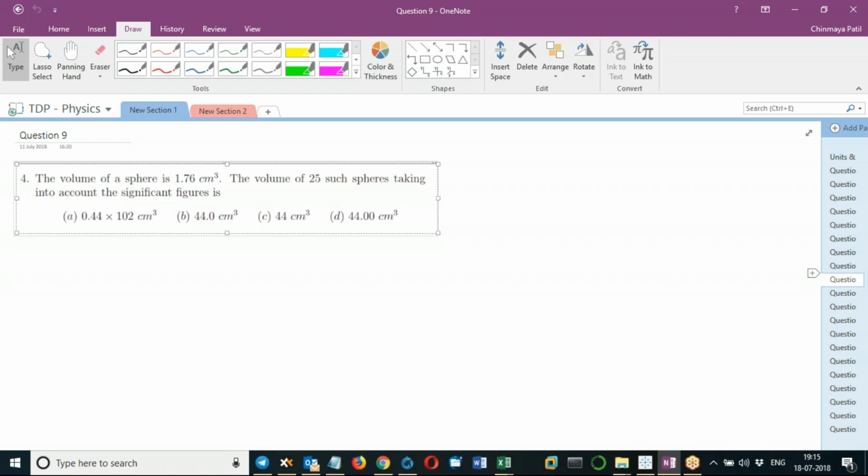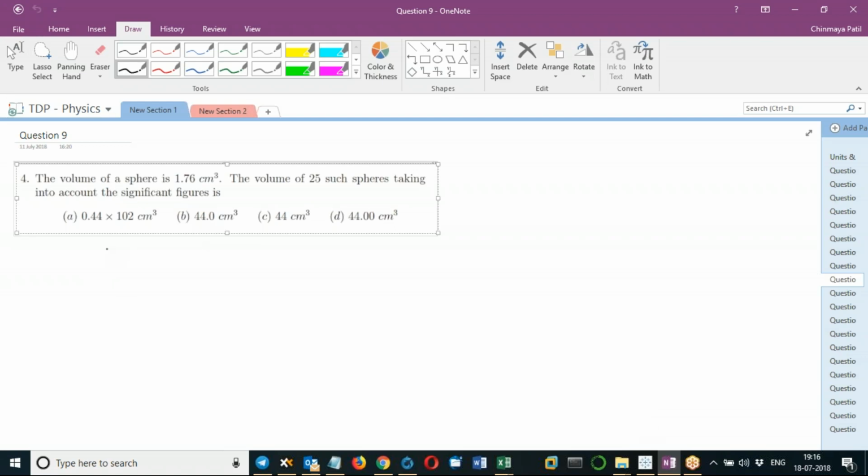Then the volume of 25 such spheres, taking into account the significant figures, is what? So let's first do the computation. Then I'll come to why the significant figures are important to choose the option.